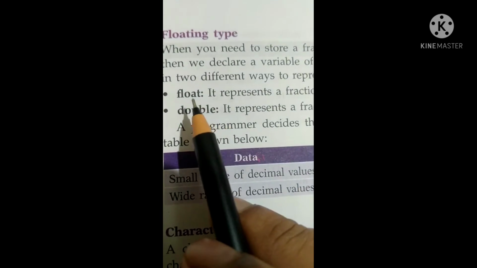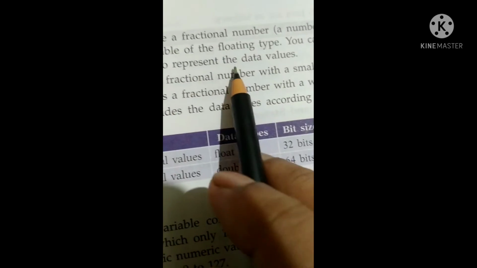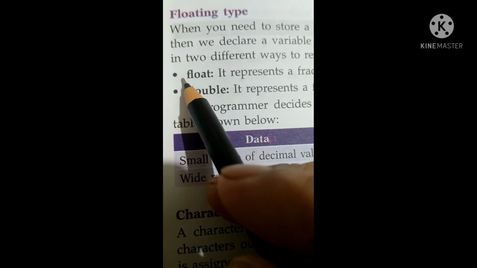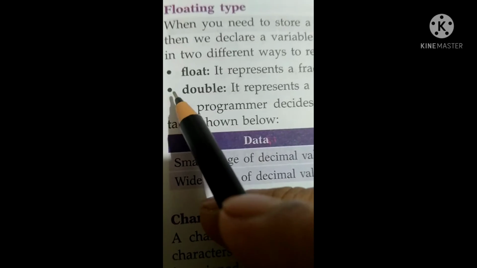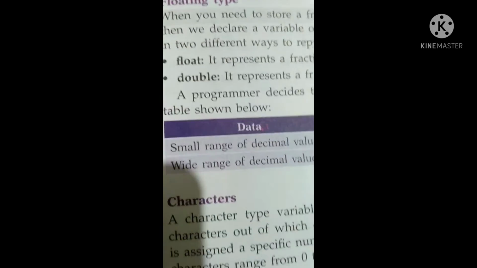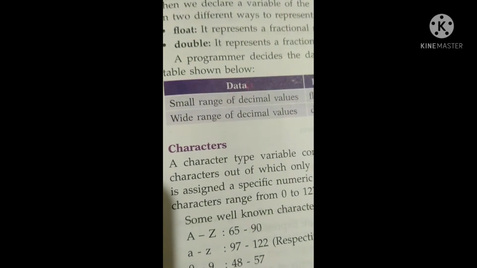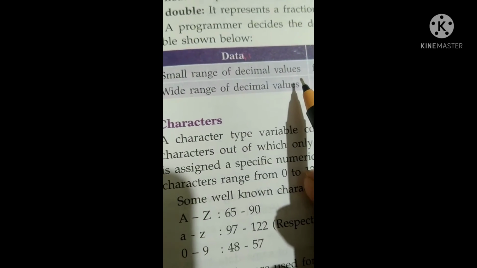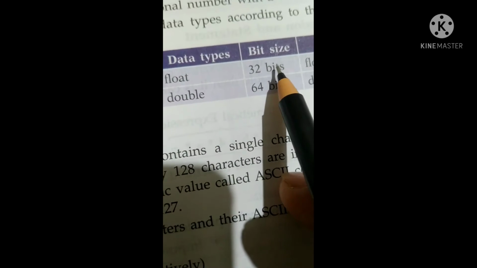For float, we have two types, different ways to represent the data value. For a short number of decimal places we will use float, and for long decimal places we will use double. Data and data types: for a small range of decimal values, we will take float, 32 bits.